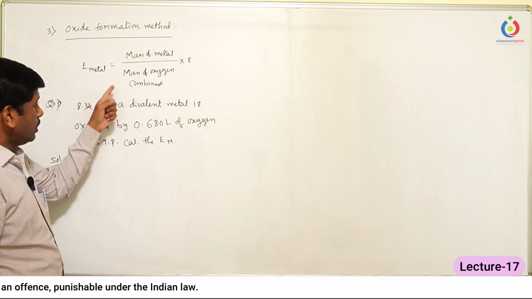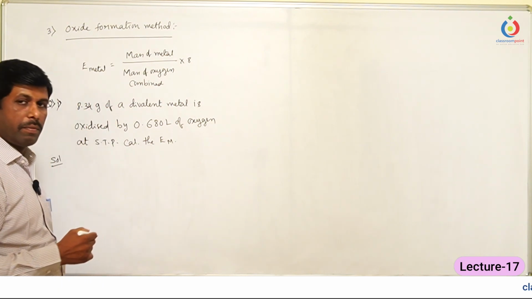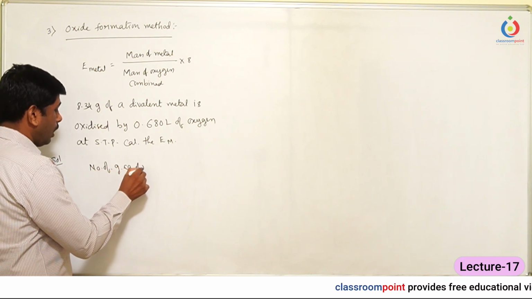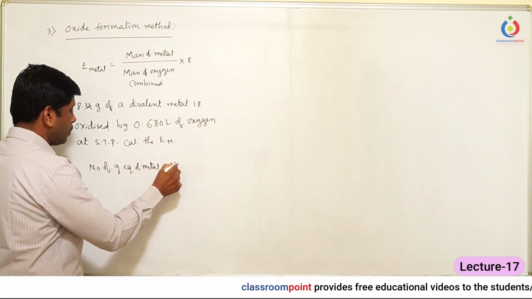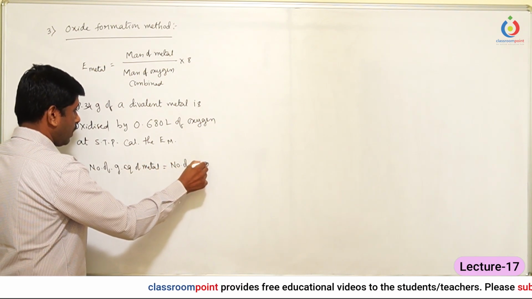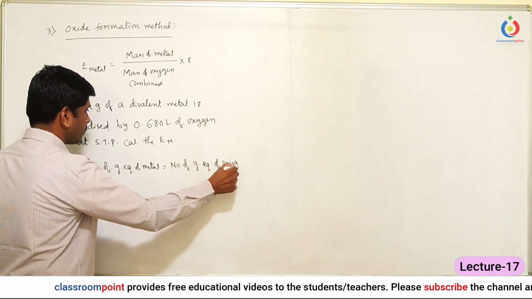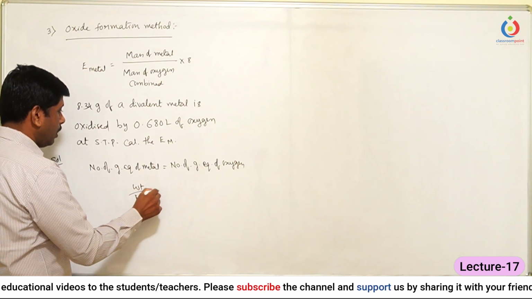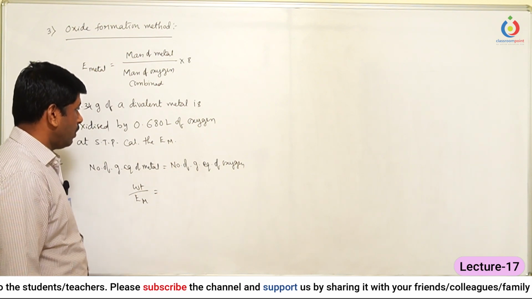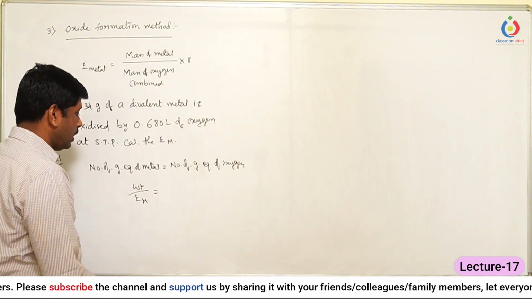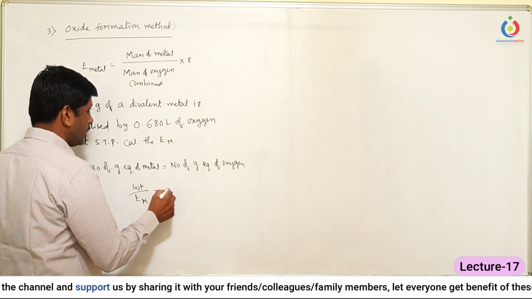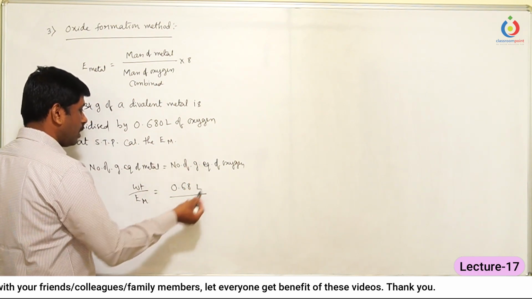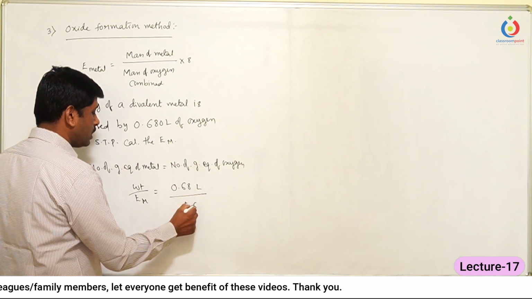Very simple. Without using this formula, we can solve this because at the start we did the number of gram equivalents. So the number of gram equivalents of metal is equal to the number of gram equivalents of oxygen. Number of gram equivalents means weight by equivalent weight of the metal is equal to the number of gram equivalents of the oxygen. Here volume is given. Volume formulas we have discussed. That is volume of the gas at STP, 0.680 liters, divided by equivalent volume of the oxygen, that is 5.6 liters.